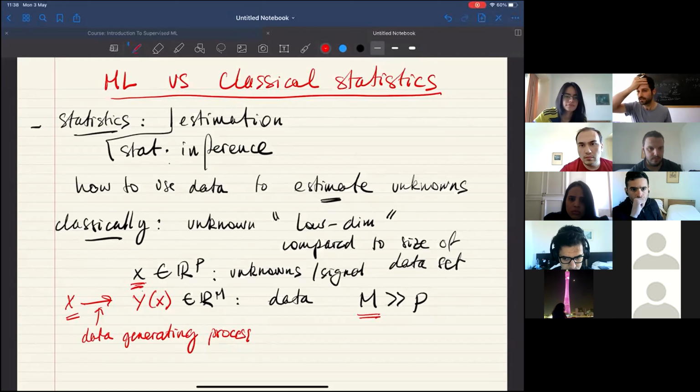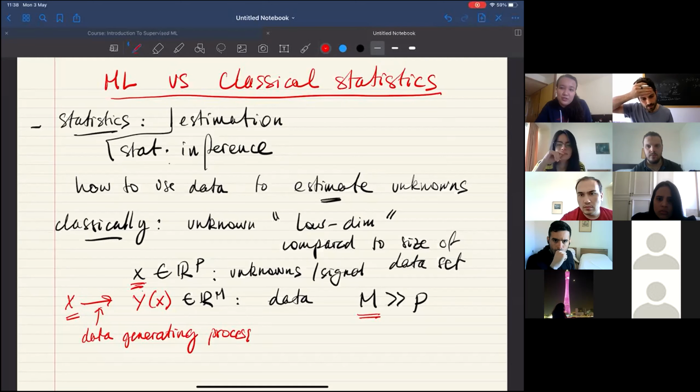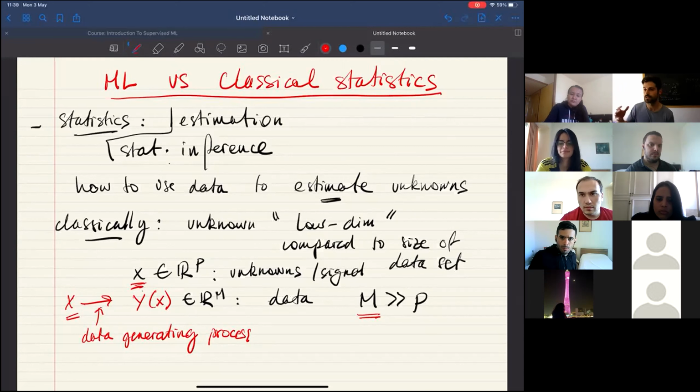Can someone give me another example? Is it like when you have parameters of a distribution? Yes. For example, estimating parameters of a distribution is a problem of this form. Or, if you are a physicist in a lab doing experiments with interferometry and you want to measure the speed of light.